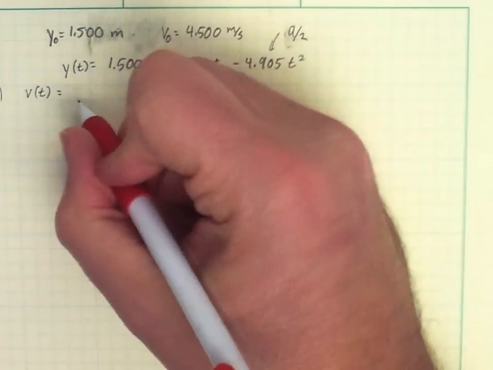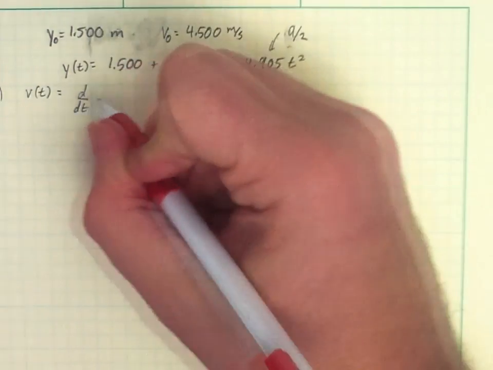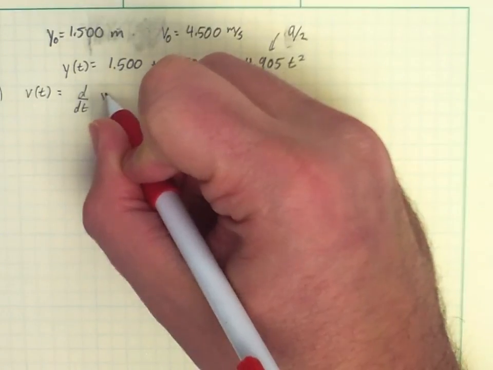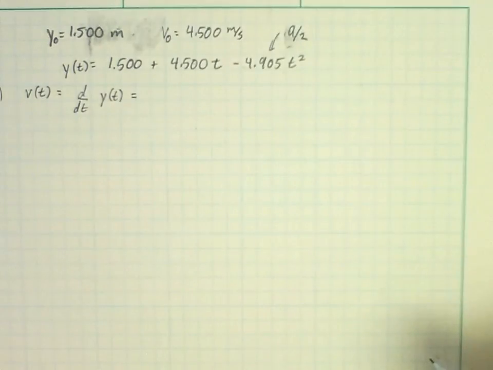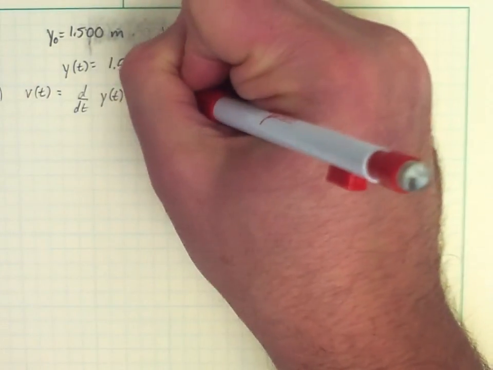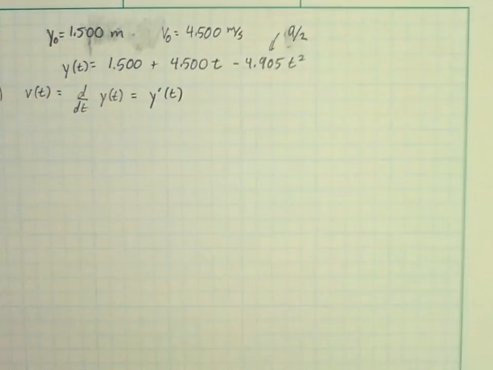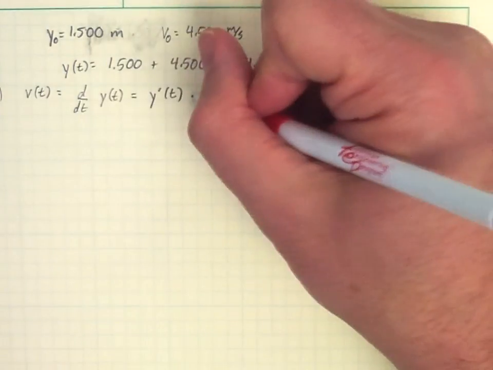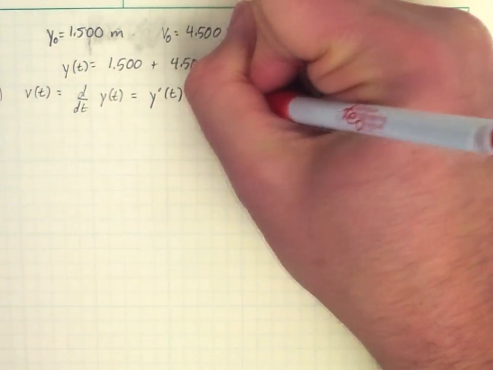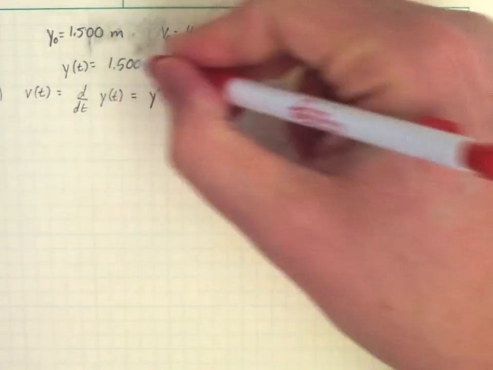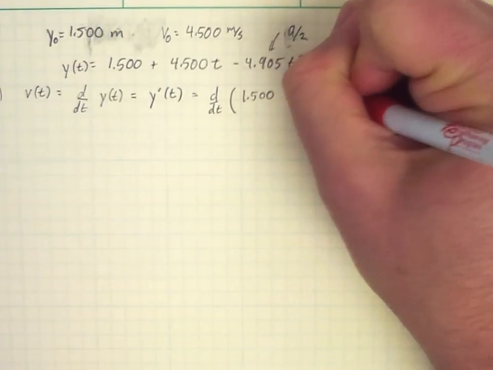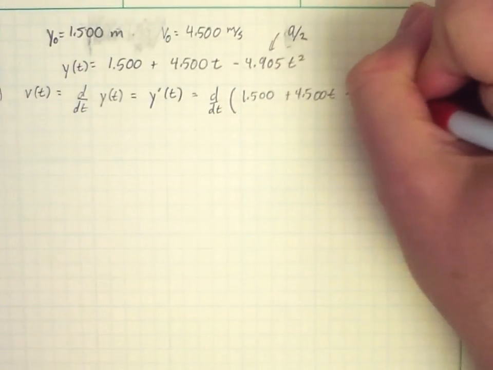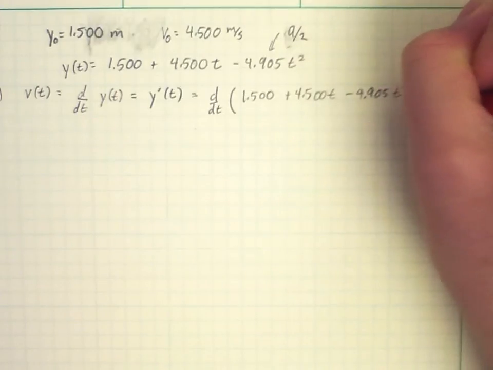And we just said that that is the derivative of position, or as we'll start getting more used to writing these things, we'll just say that it's y prime of t. We talked about that being a short notation of that. Okay, so we're trying to find that, and that's our function, 1.500 plus 4.500 t minus 4.905 t squared.